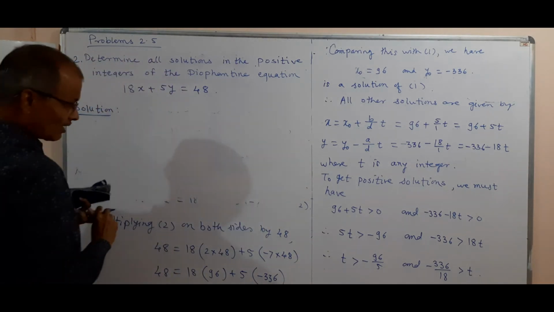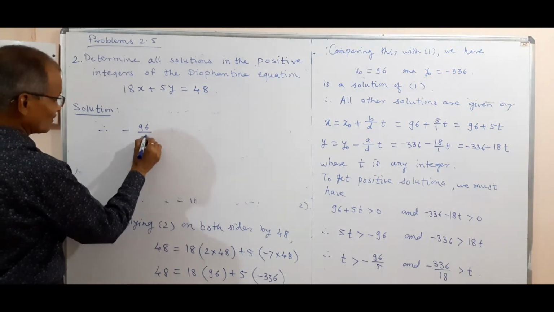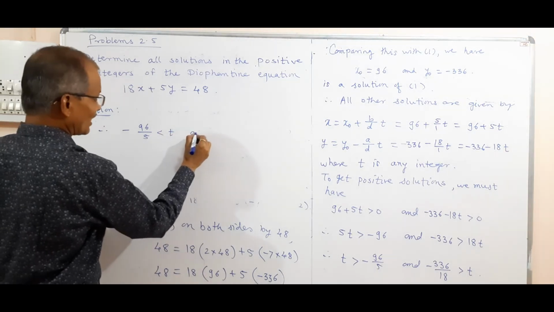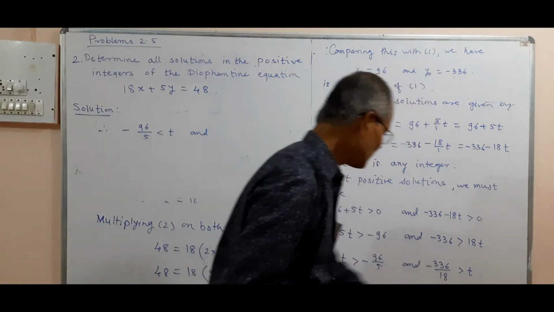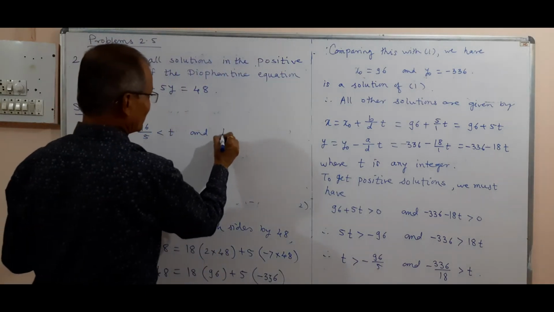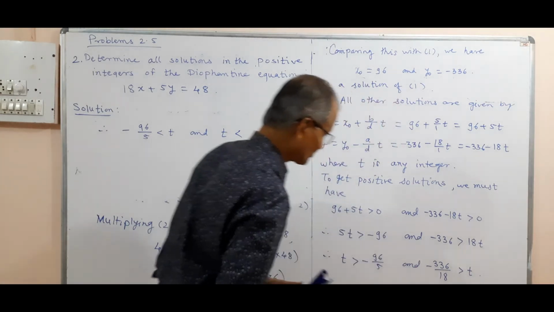Therefore minus 96 by 5 is less than t, and t is less than minus 336 by 18.